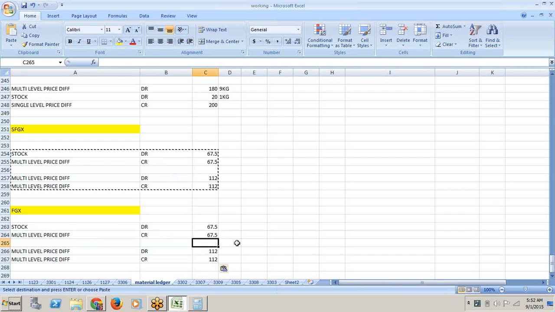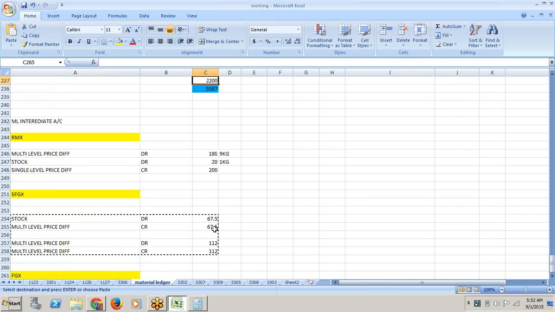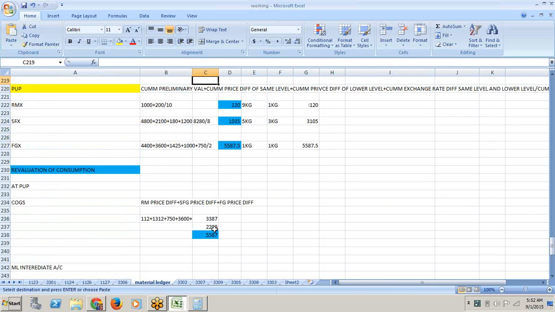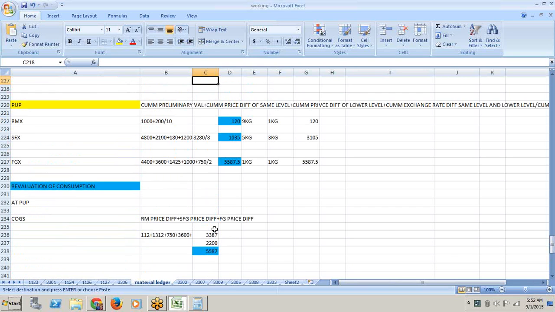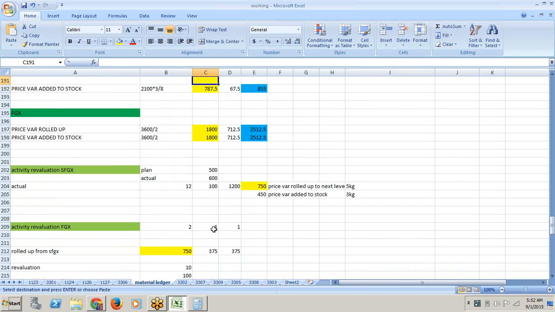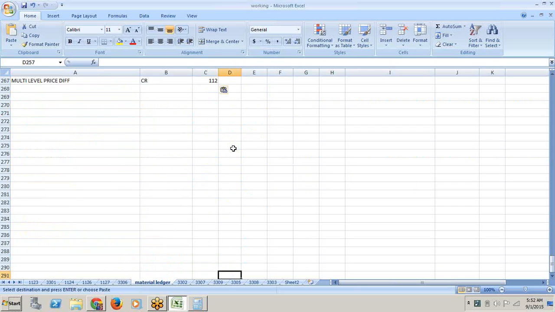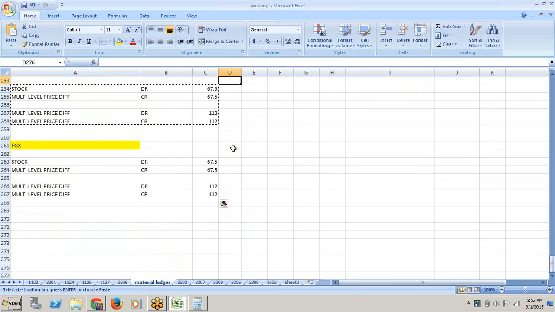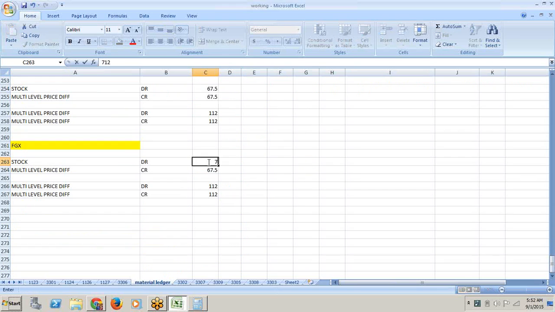Stock account will be debited, multi-level price difference account will be credited equally, right? Equally 712, 712. Here this is not a multi-level price difference. This one debit is COGS. We have sold.